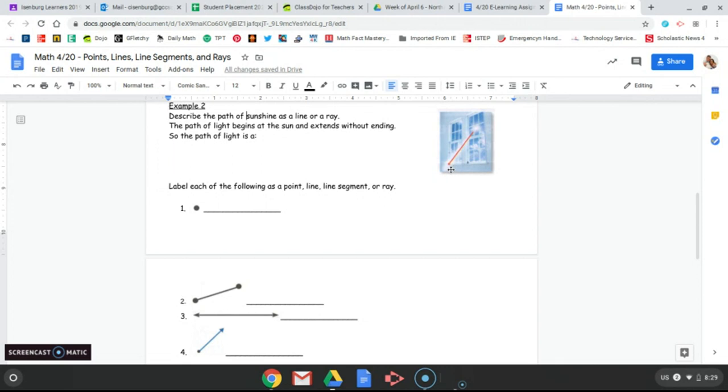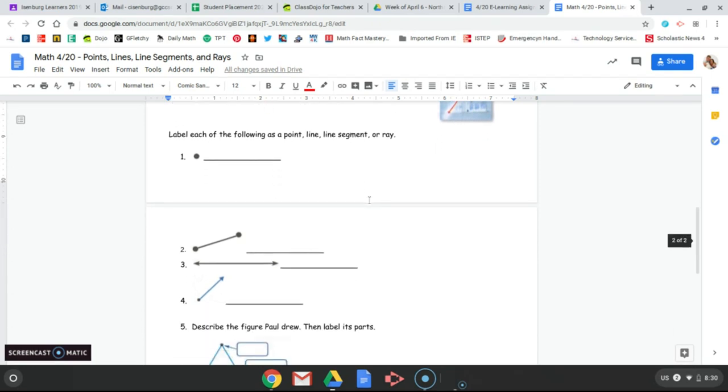Notice the arrow at the bottom. So it says the path of light begins at the sun and extends without ending. So the path of light is what did we say it was? Do you remember? It's a ray. Okay, that's why we call it a ray of sunshine.